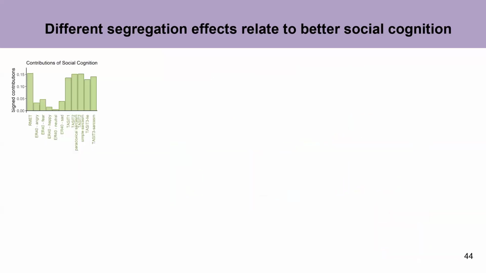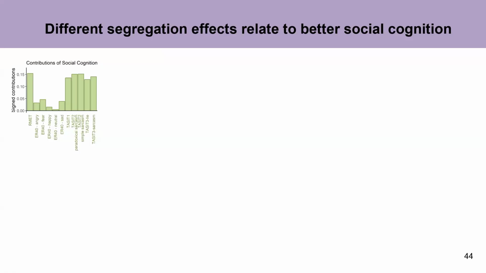This is what I got. So these are the loadings, this is what contributes. These are the social cognitive performance measures that contribute to my first dimension. You can see that everything is going in the same direction, which you will probably see a lot if you run a PLS, because sometimes or most of the times your measures are capturing the same thing.